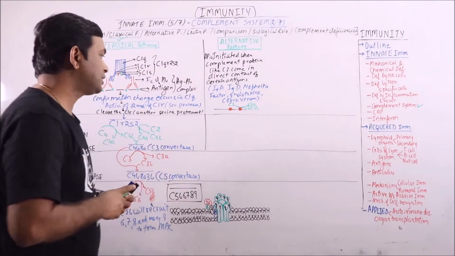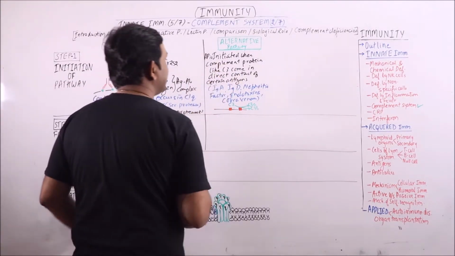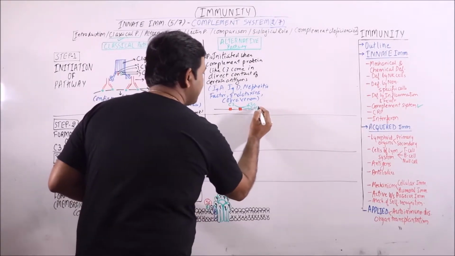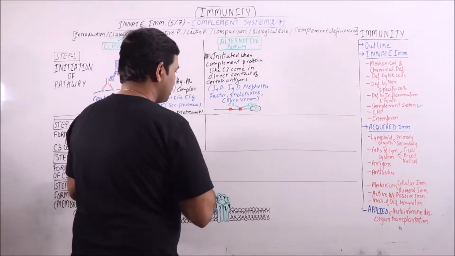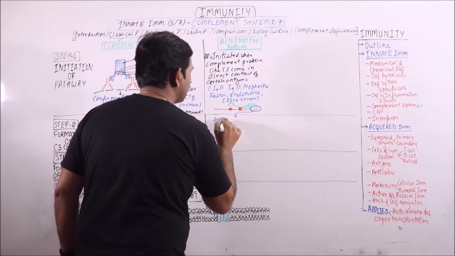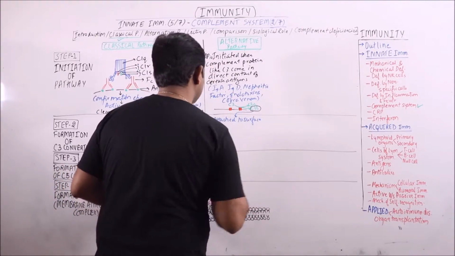This spontaneous hydrolysis of complement protein occurs when it comes in direct contact with certain antigens. Now, when C3B is formed, it will be attached to the surface of the pathogen.